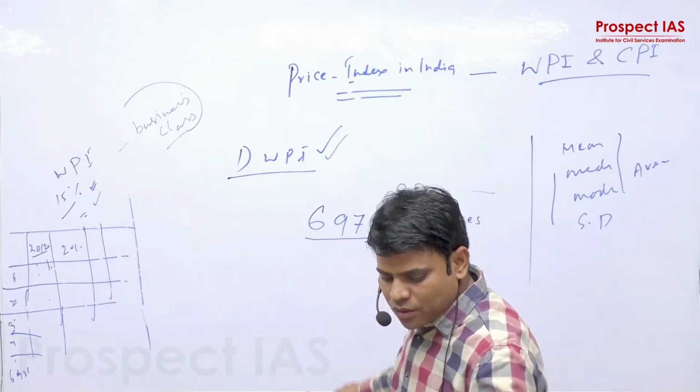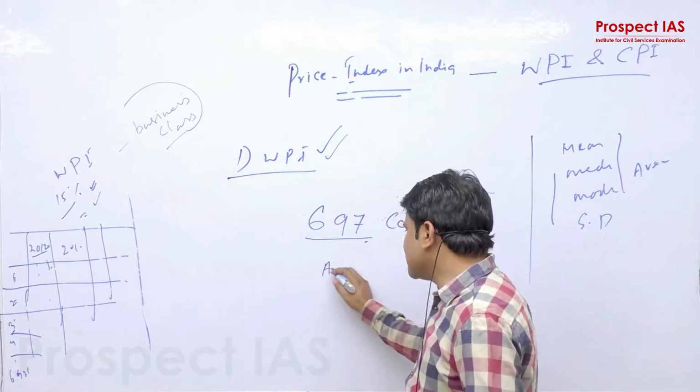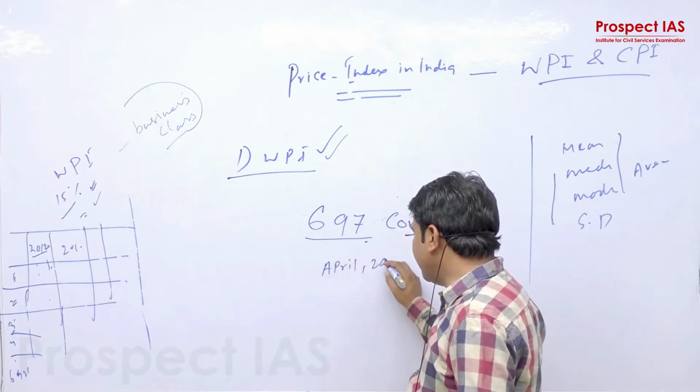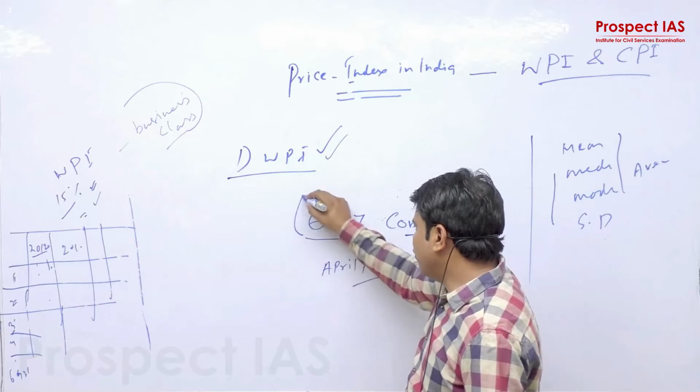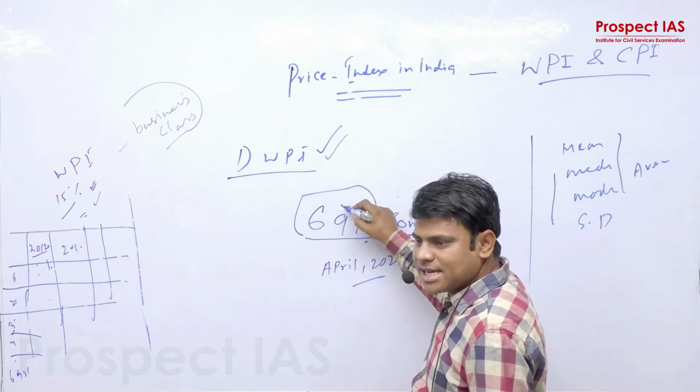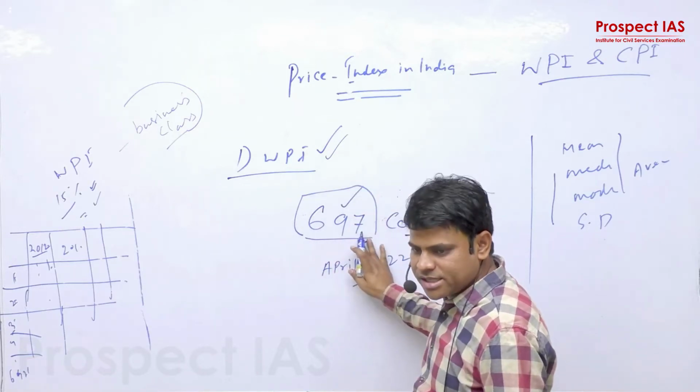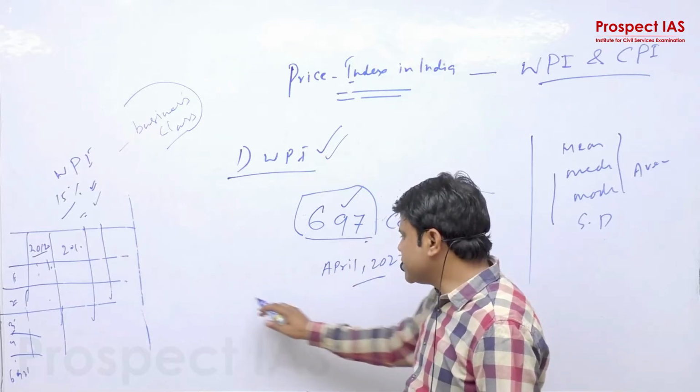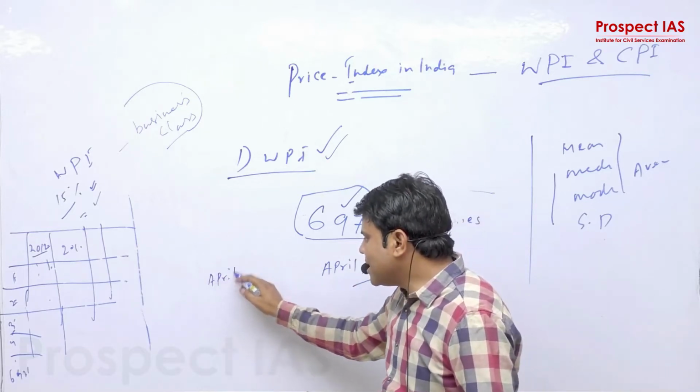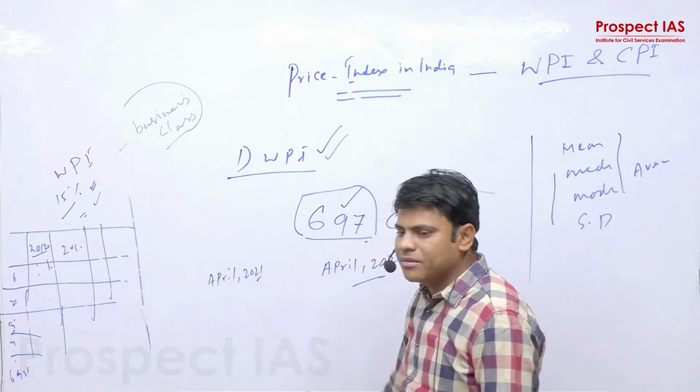So if we are interested to find out inflation in the month of April 2022, let's suppose, what we do is find out the average price of these 697 commodities and compare it with the average price that used to prevail last year in April 2021.